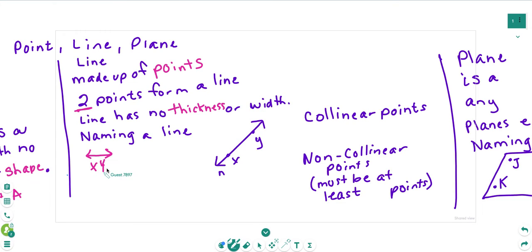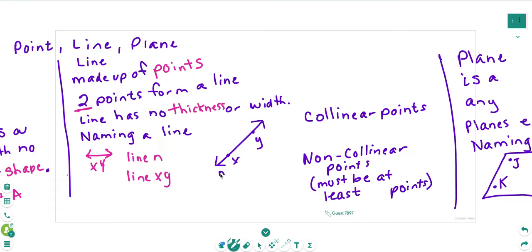We could also call it line n. Notice that we have the small lowercase n. Most of the time we're going to be using our line symbol here and then using the word line n if we're using the lowercase.